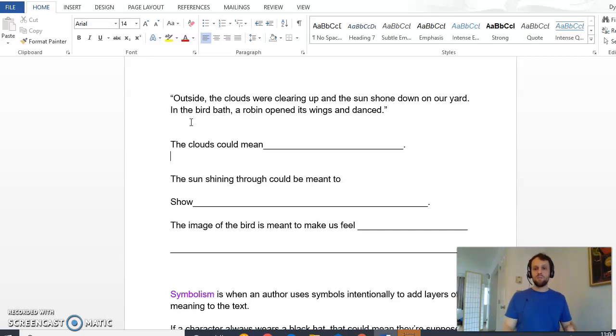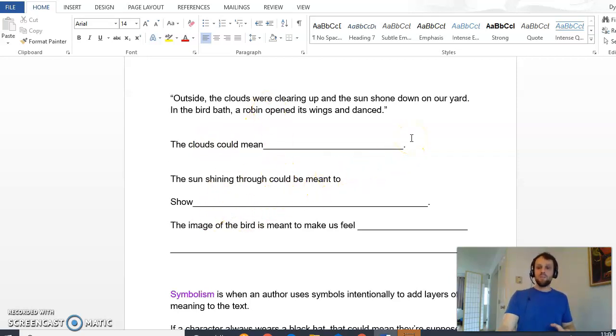And so really, if we put all these three things together, the image of the bird in the sunlight is meant to make us feel happier. It's make us feel like we're moving from a place in the story where there was more uncertainty or even depression or dreariness into a place where there's more clarity, more light, more celebration, more dancing.